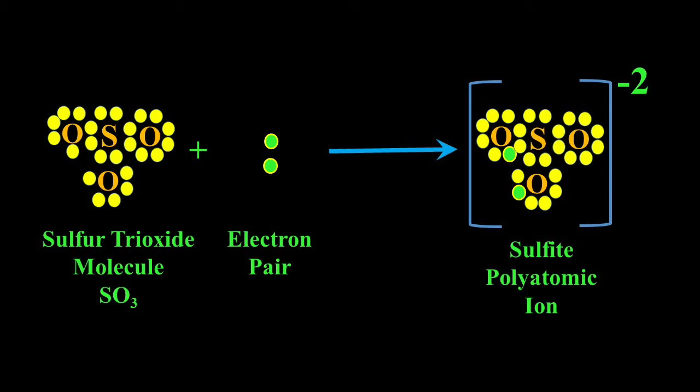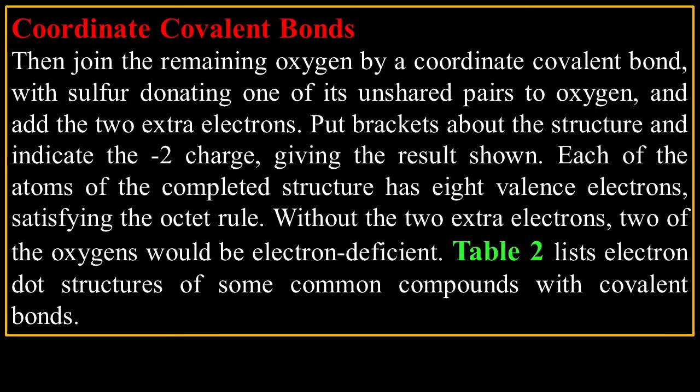So that's actually kind of a little interesting, and that gives you the polyatomic ion called sulfite, which has a -2 charge. Sulfate, SO4, also has a -2 charge. So you take sulfur trioxide plus that pair of electrons, and you form the sulfite ion, a polyatomic ion.